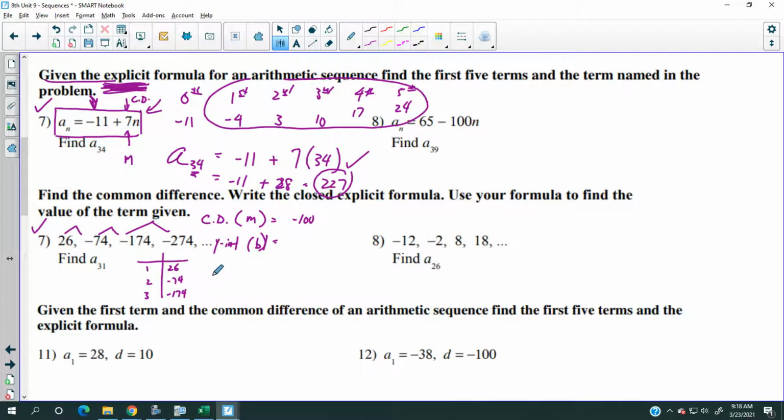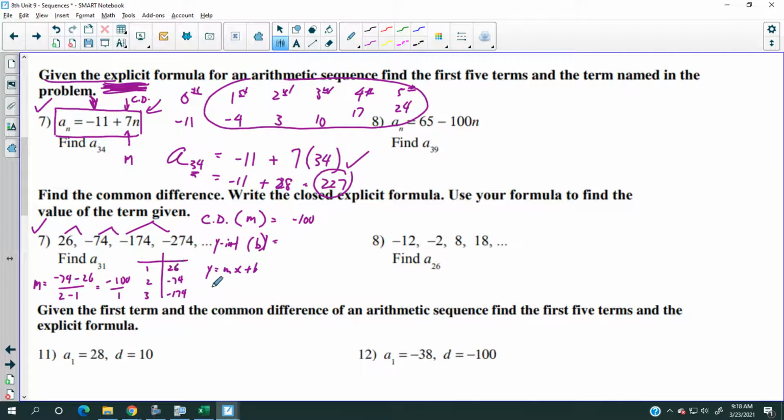I'm just going to use the slope formula again. That's delta y, so negative 74 minus 26 over 2 minus 1. That's negative 100. The slope is already negative 100. So let me write this out: y equals mx plus b. Hopefully you guys can see this.